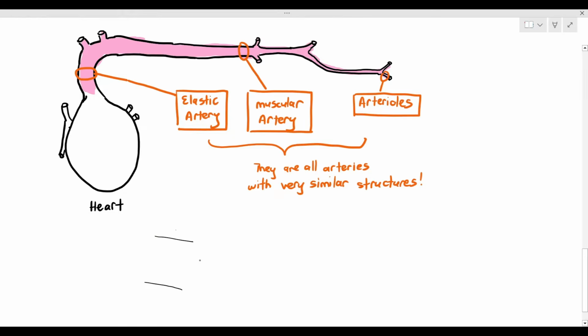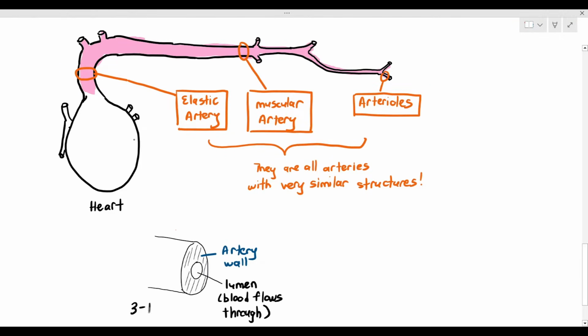So at the bottom over here, I'm just drawing a 3-dimensional version of an artery. The shaded region is the artery wall, and the hole in the middle refers to the lumen. The lumen is the hole where the blood is flowing through, like a tube.